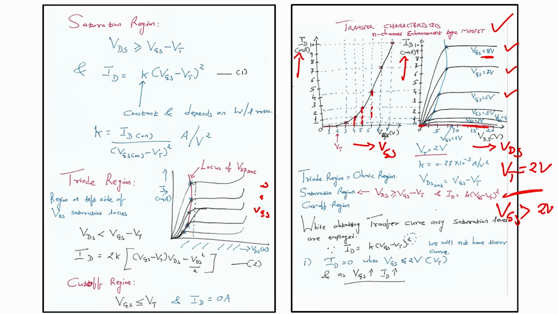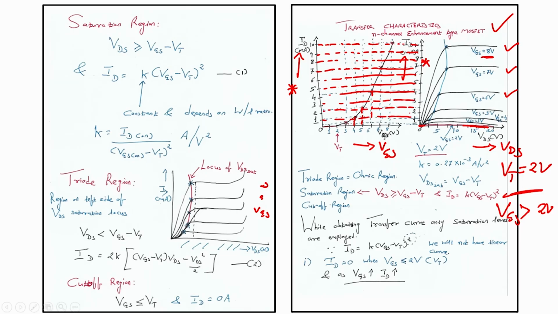If I connect like this, you see I have current here, in both the plots in the y direction. So, I am just joining the current lines, 10 with 10, 9 with 9, 8 with 8, 7, 6, 5, 4, 3, 2 and 1.